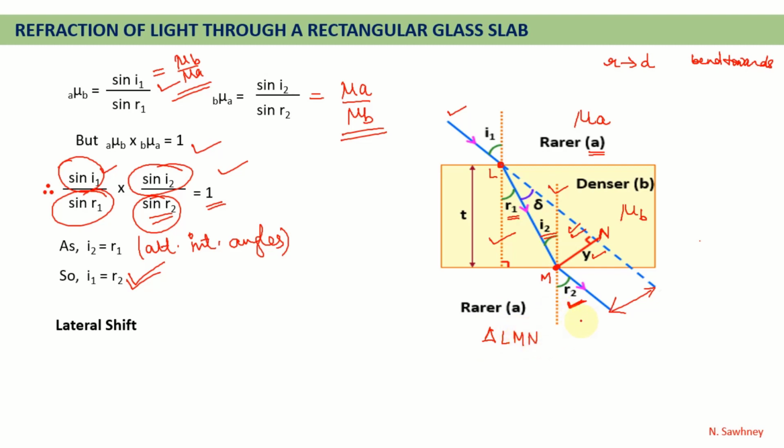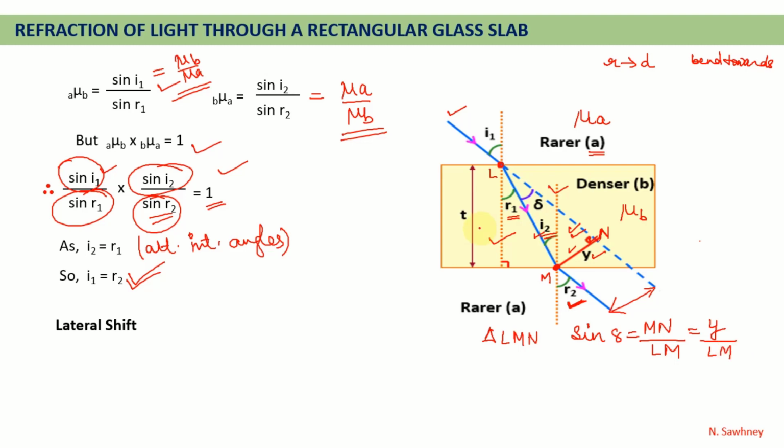In this triangle, we can find sin delta. As this is perpendicular, sin delta will be equal to MN upon LM. See clearly in the figure, this is perpendicular and this is the hypotenuse. So we can rewrite it as y upon LM.